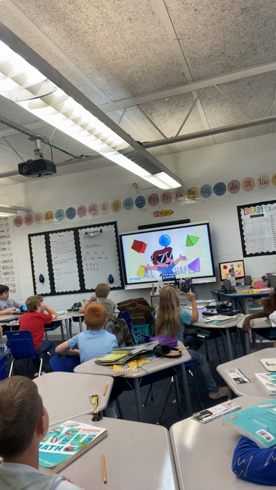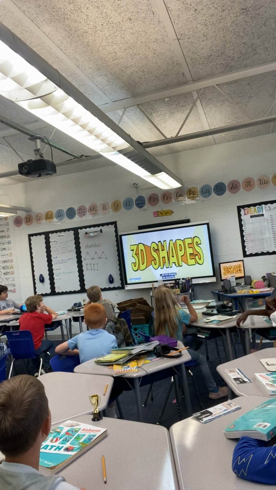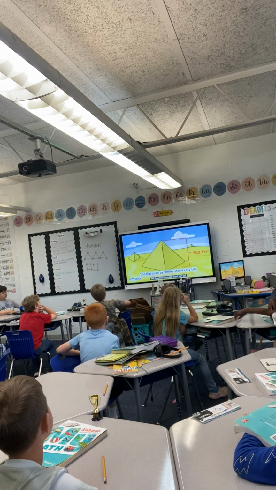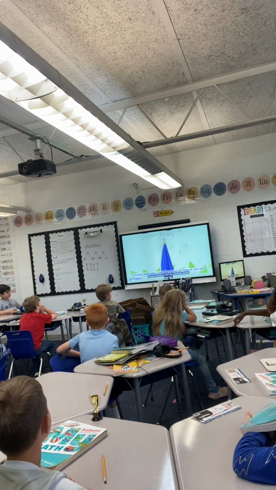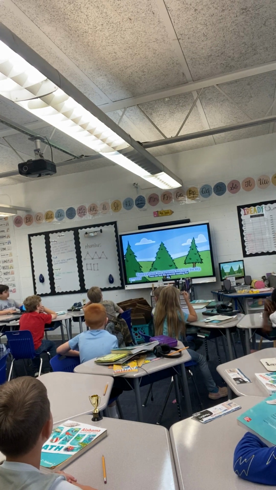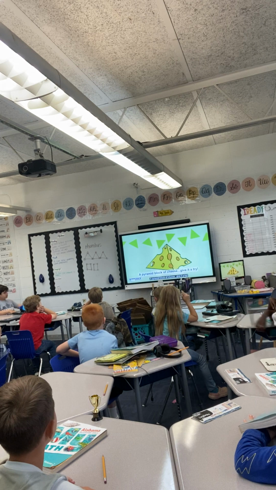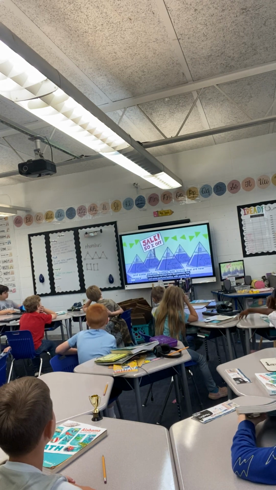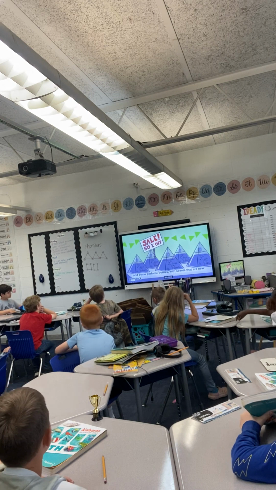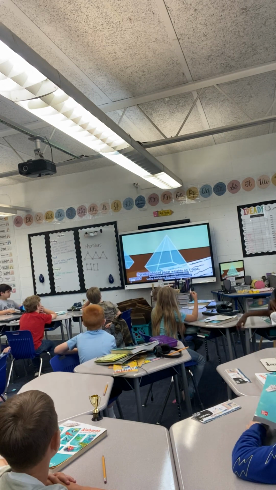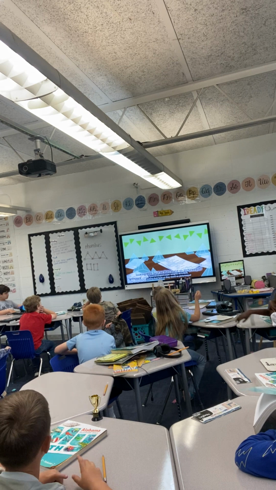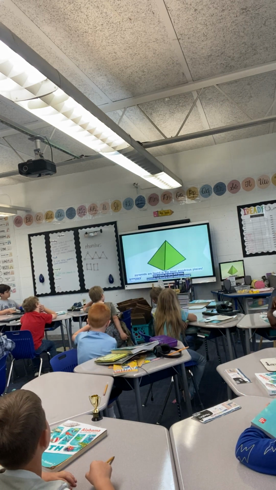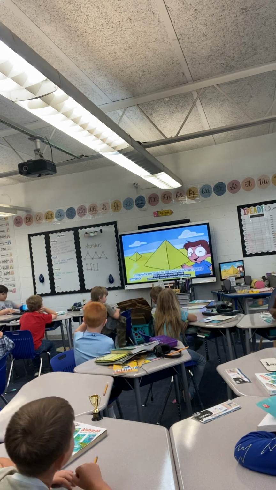All 3D shapes. The Egyptian pyramids stand tall. Trees can look like pyramids, touching the sky. Some house rooftops are pyramids too. Pyramids are found in the most wondrous places.